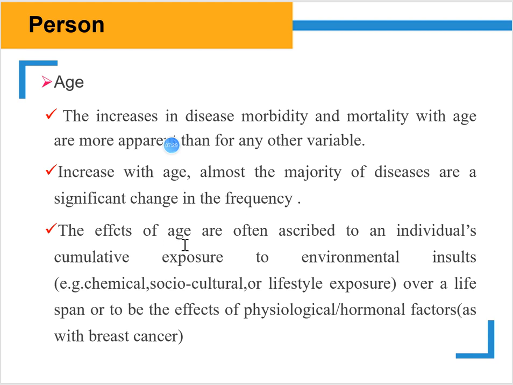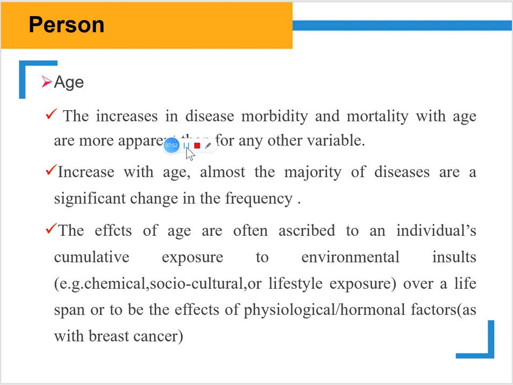The effects of age are often ascribed to an individual's cumulative exposure to environmental factors, such as chemical, social, cultural, or lifestyle exposure, over a lifespan, or to be the effects of physiological factors.